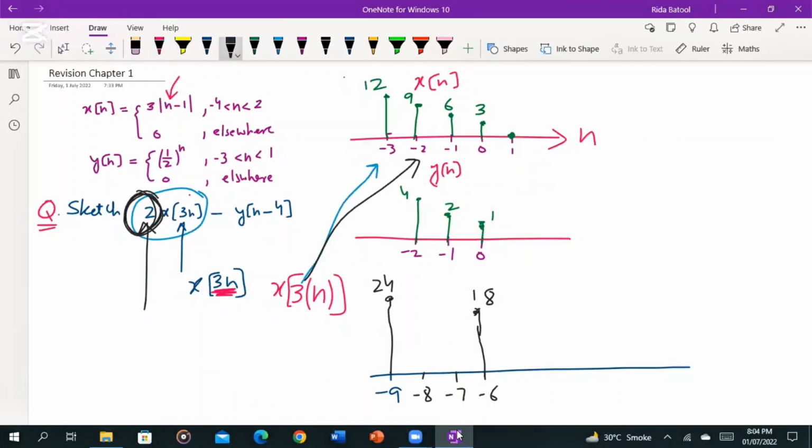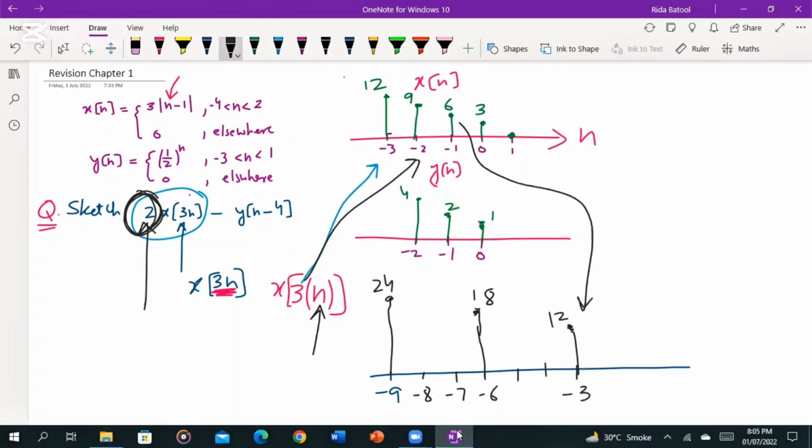Is it clear? Now the next value of n is -1. So 3 into -1 will be -3. This 6 will come here, and you have to multiply this by 2, so it becomes 12.